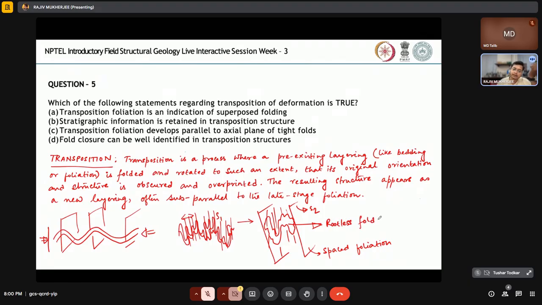So they are very early generation folds that were later being modified due to overprinting relation of later phases of deformation, and eventually we produce these kind of structures which are also known as intrafolial folds.